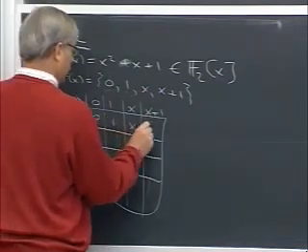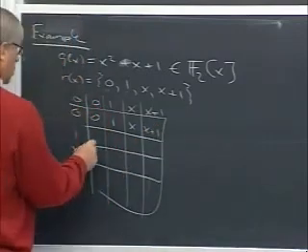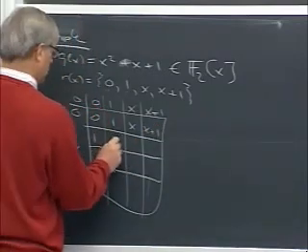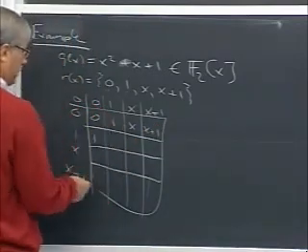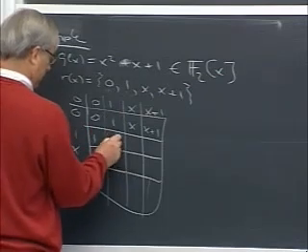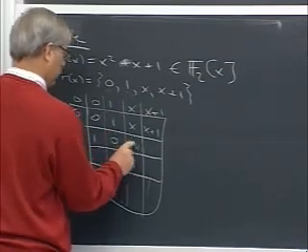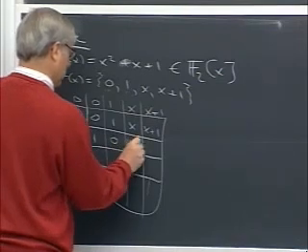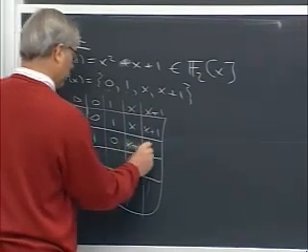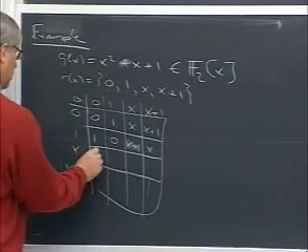Zero plus anything is itself. 1 plus 1 in F2 is simply 0. 1 plus x is 1 plus x. Sorry, x plus 1 as I've written it. 1 plus x plus 1 is x.